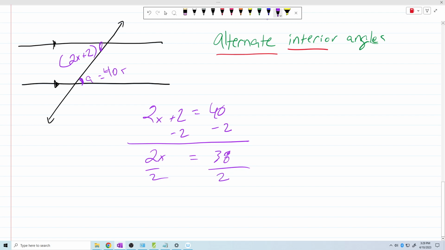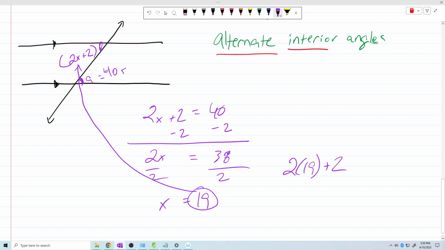And we're saying that, let's see, what's 2 divided by 38? It's 18, right? Let's see here. Yeah, or 19, sorry, 19. Well, we take this 19, we plug it back into there. 2 times 19 plus 2, what does that come out to be?